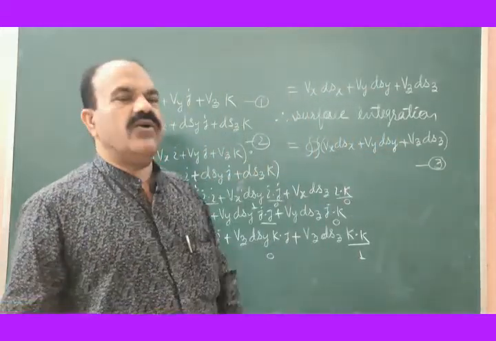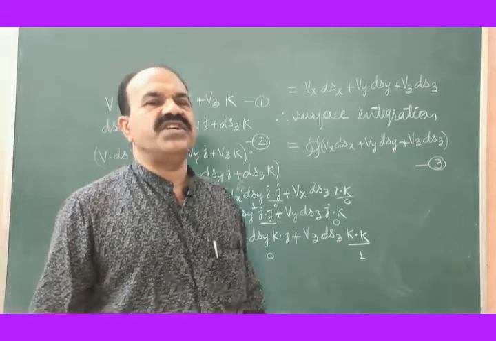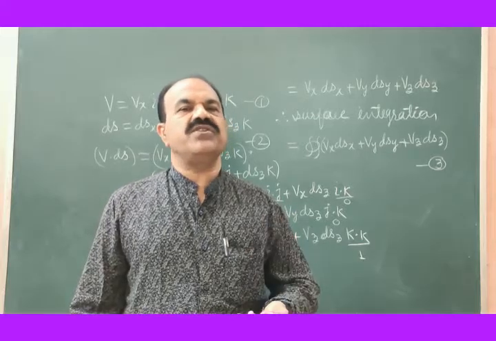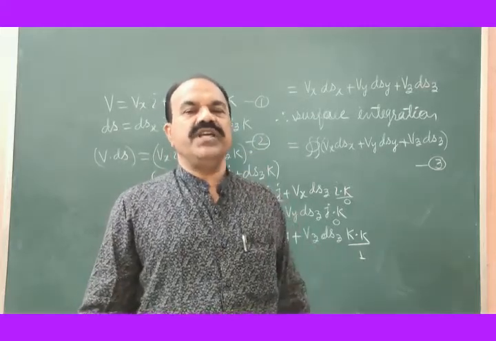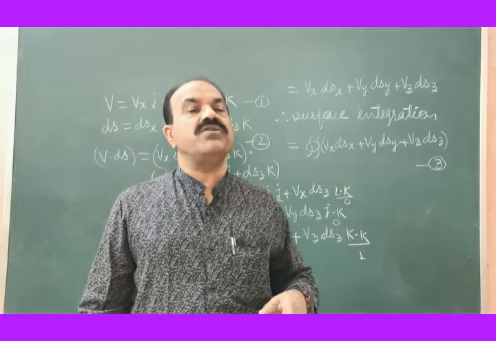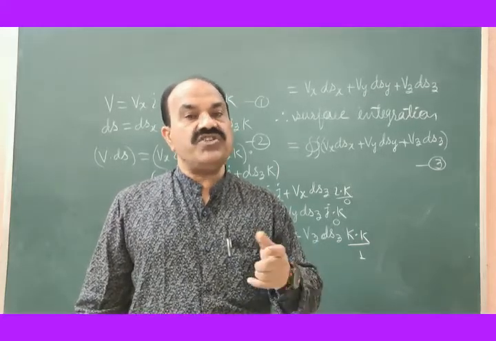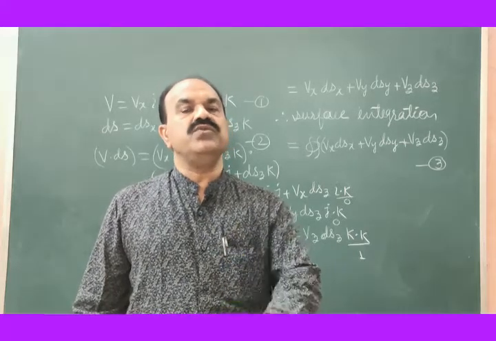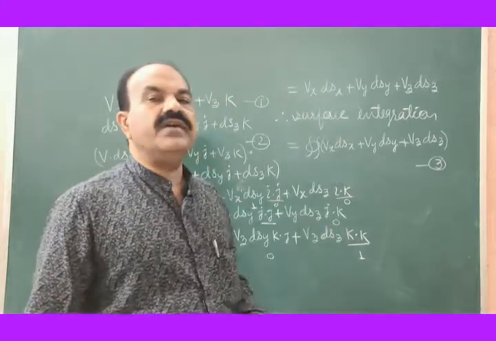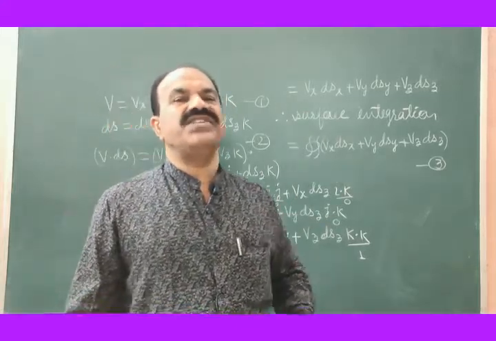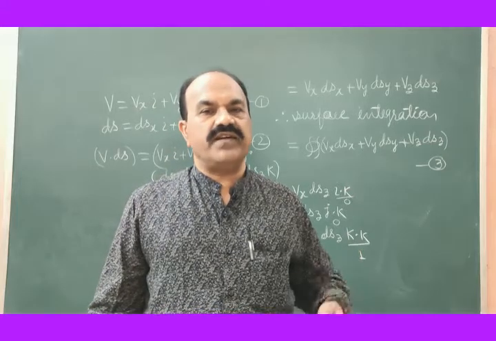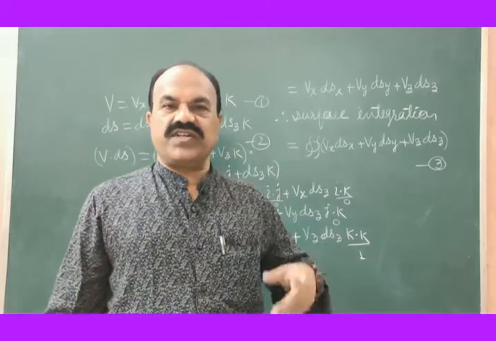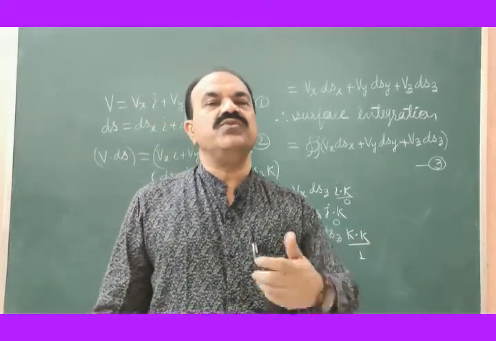So this way we can have the surface integration of a vector point function. We can have surface integration of a scalar point function. Even we can have surface integration of a vector function which is the cross product or vector product of 2 vectors. So this is the way to find out surface integration of a vector point function, of a scalar point function, of a vector which is a cross product of 2 vectors.